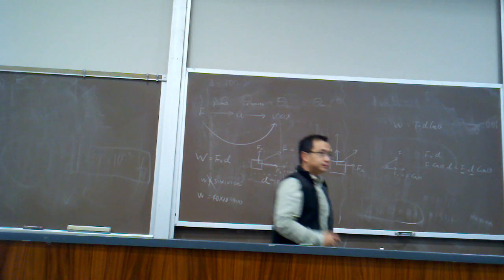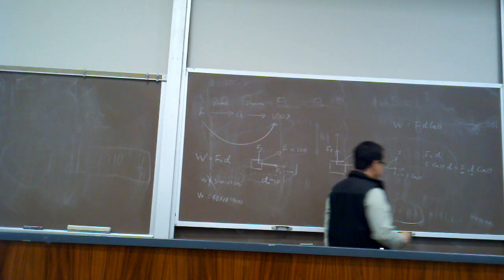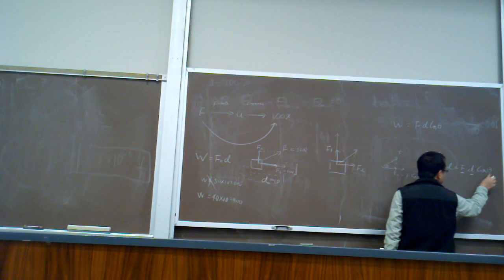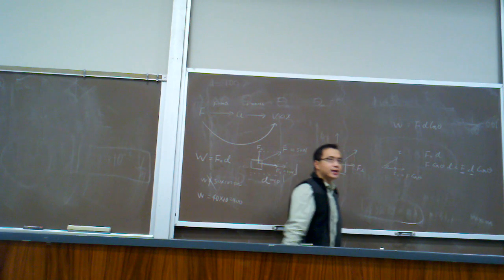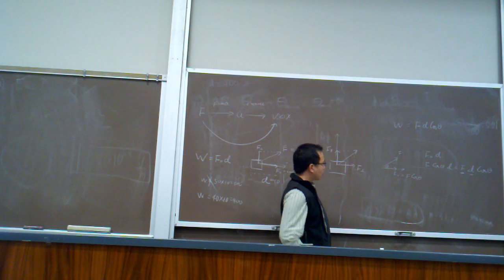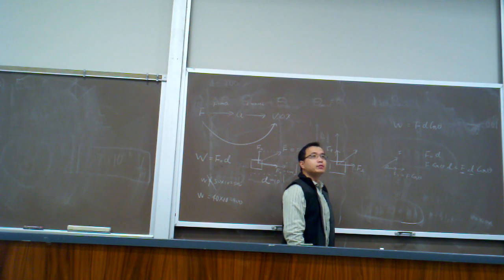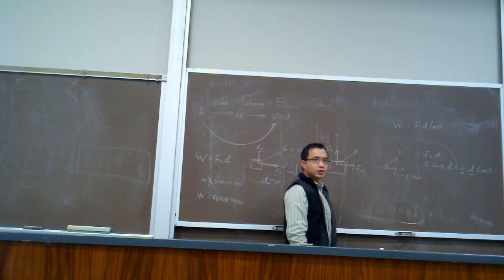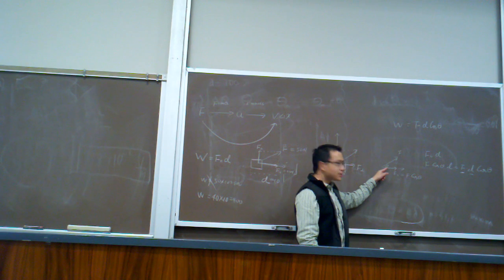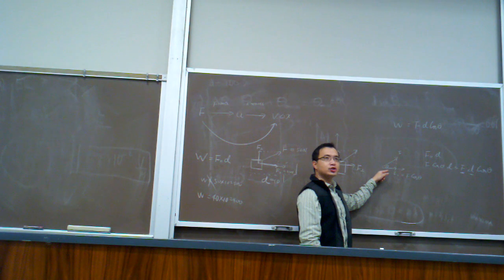Now, one thing we need to pay attention to about theta is that this is not the orientation angle of the force. This is the angle between the force and the direction of the motion. In this case, this theta equals the orientation angle of the force.